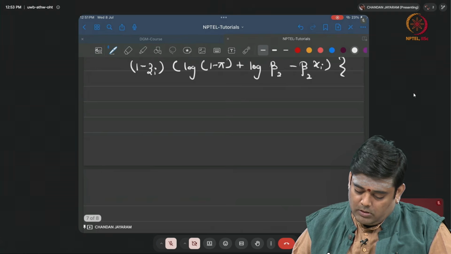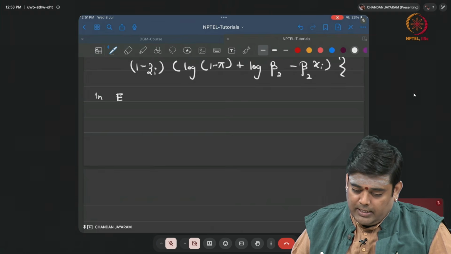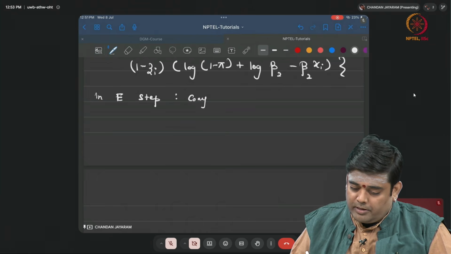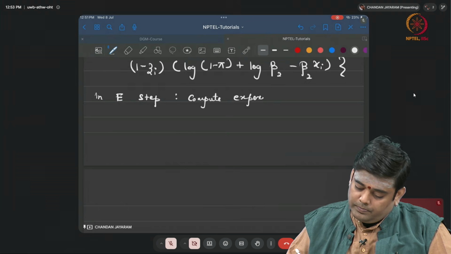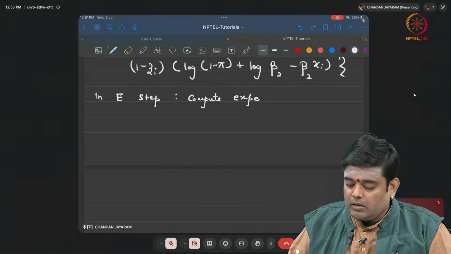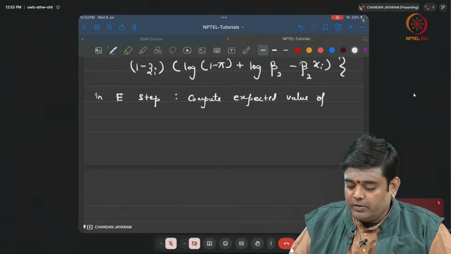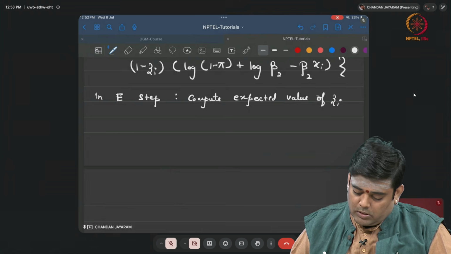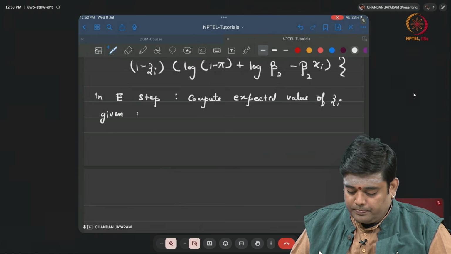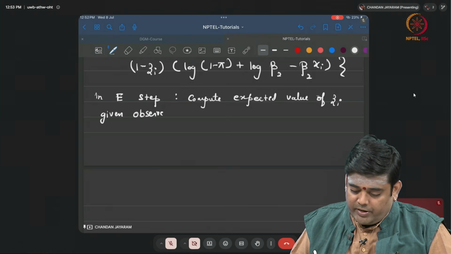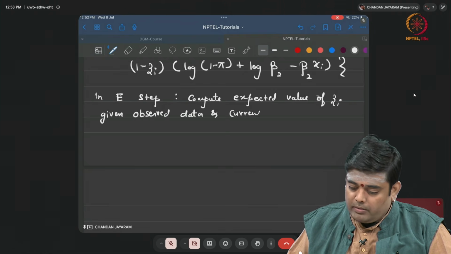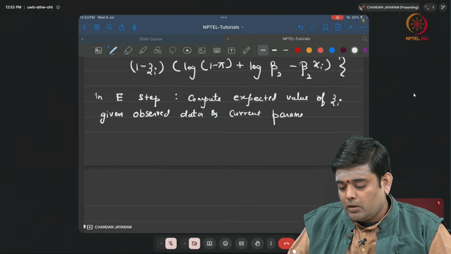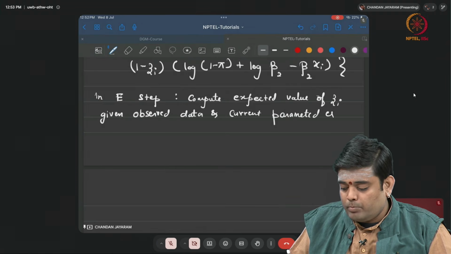So in each step, we compute the expected value of zi for a given xi, that is, given the observed data and the current parameter estimate.